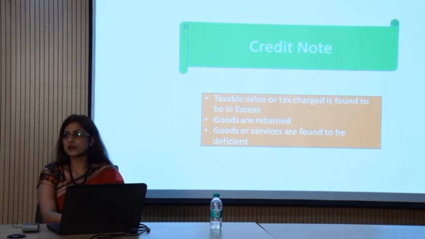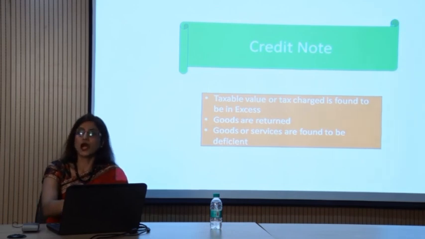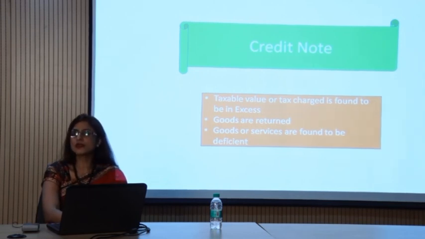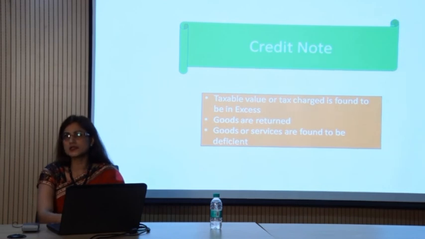Now the third situation, for example, there is a delivery of 100 sarees, but the recipient finds that there is a defect in 20 sarees. Now he is sending back the 20 sarees, and the situation here is that he has already paid tax on the 100 sarees, but now he has received only 80 sarees because he returned 20 sarees to the supplier, and he is not supposed to pay tax on those 20 sarees because he has received only the 80 which are in right condition.